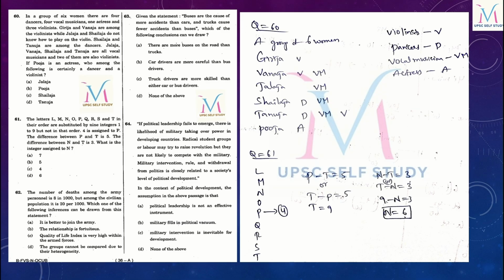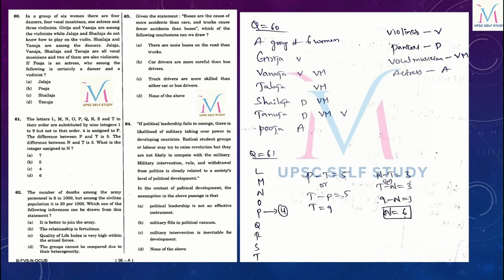In the question it is given that P is assigned 4. So therefore T is equal to 9. So T is the ninth letter. And now again the difference between N and T is 3. In the question it is given that the difference between N and T is 3.